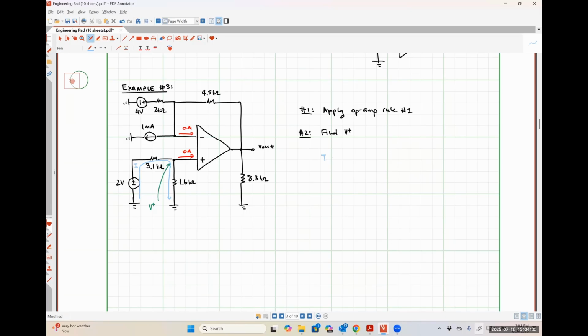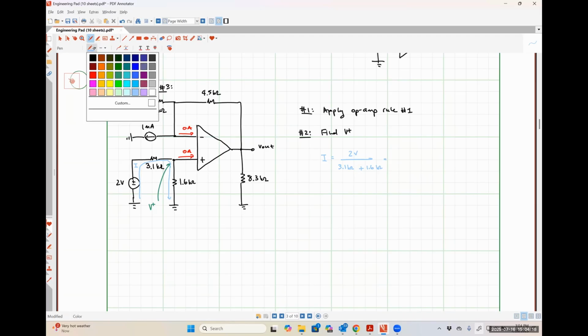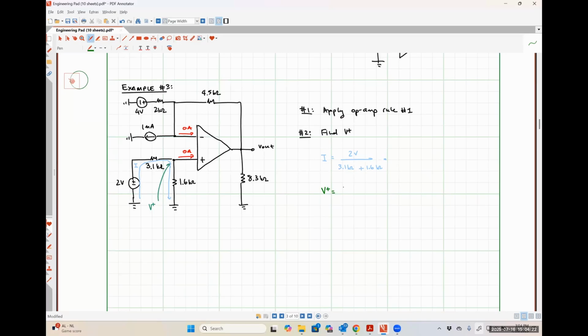So if we say that our current I is just 2 volts divided by 3.1 kilo ohms plus 1.6 kilo ohms, and I'll figure out what that is in a second, then we can say that V plus is just I times 1.6 kilo ohms. So let me throw that into the calculator really quickly.